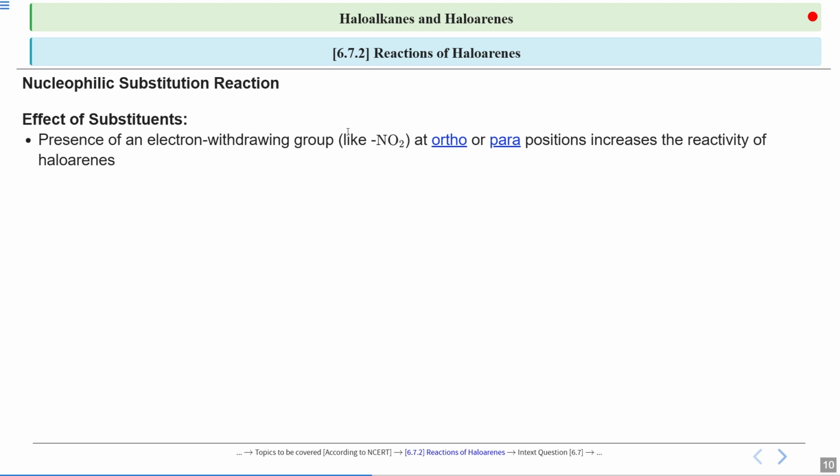Why? Because it is an electron withdrawing group. It will withdraw the electrons of the benzene ring, and the benzene ring is more available for the electron rich nucleophile to attack. So you have this reaction where this is chlorobenzene, with chlorine at one position and a nitro group at the para position.